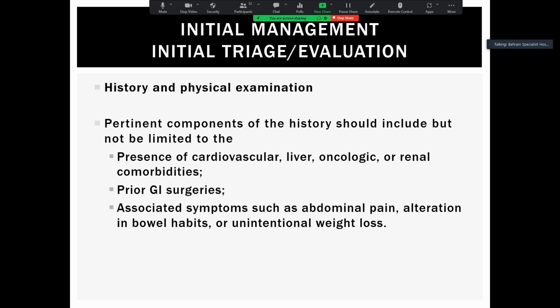As the guideline is based on management, we will focus on the management of patients presenting with lower GI bleed. In any disease, the most important aspect is history and physical examination.